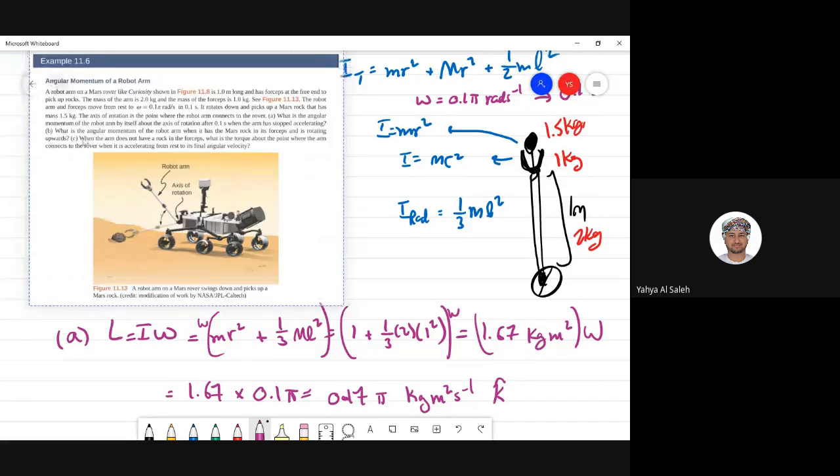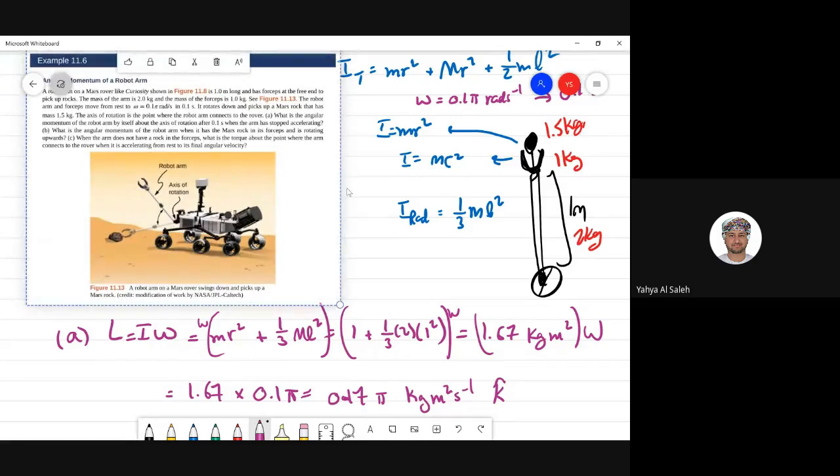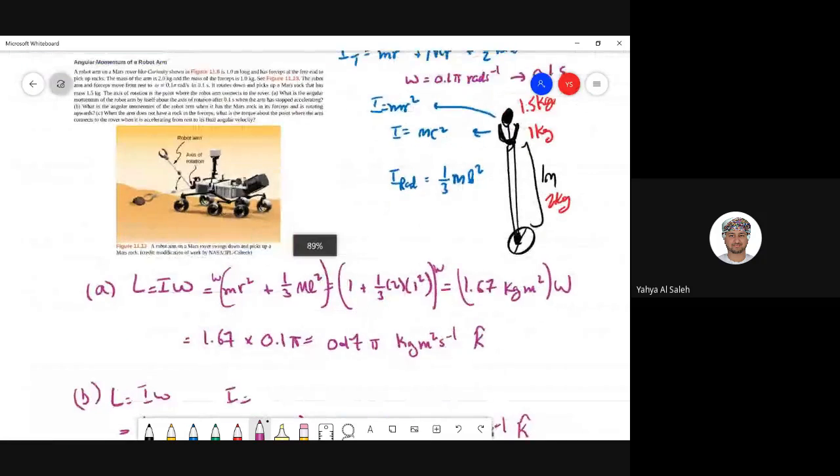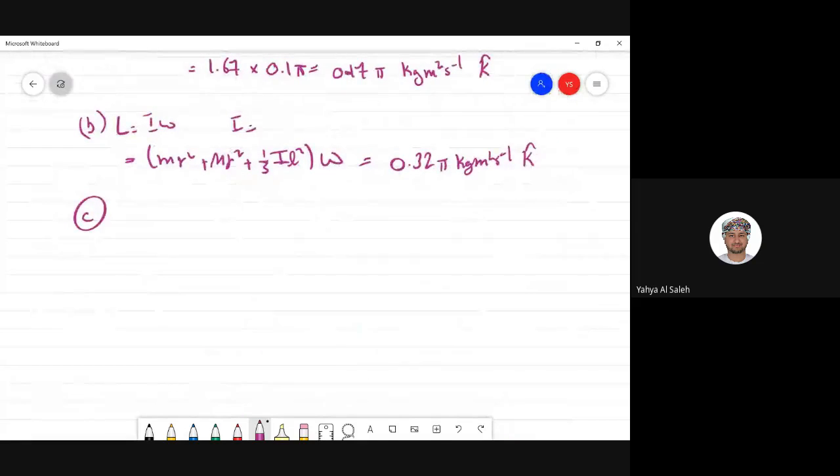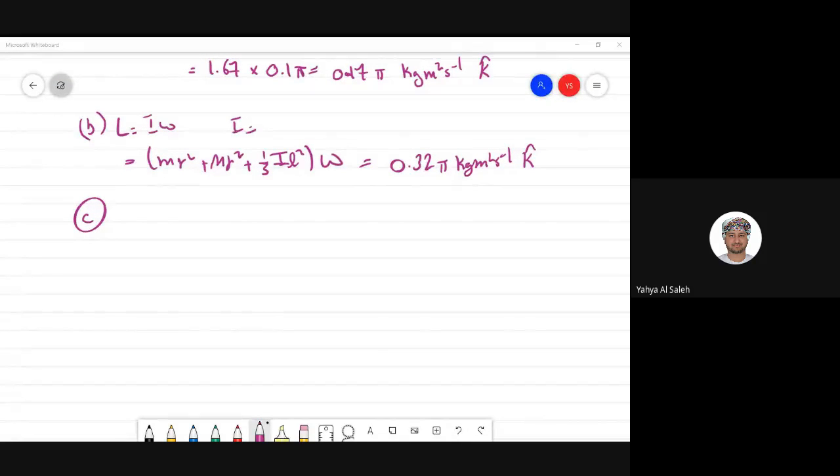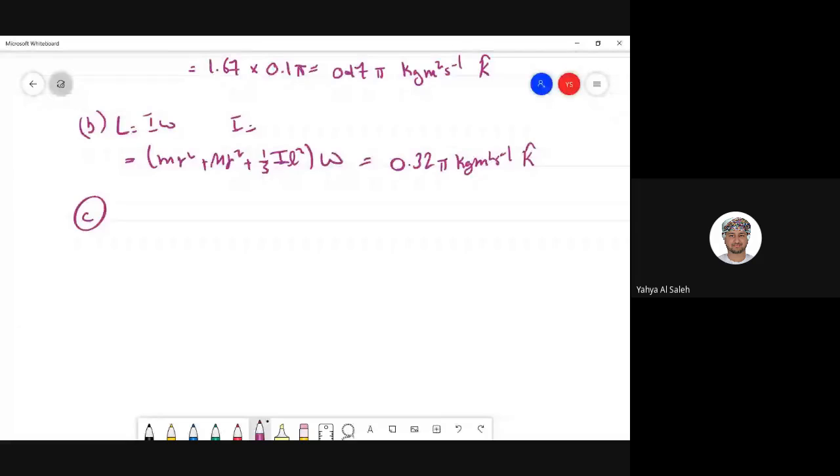When the arm does not have a rock in the forceps, what is the torque? Well, torque is dL by dt.